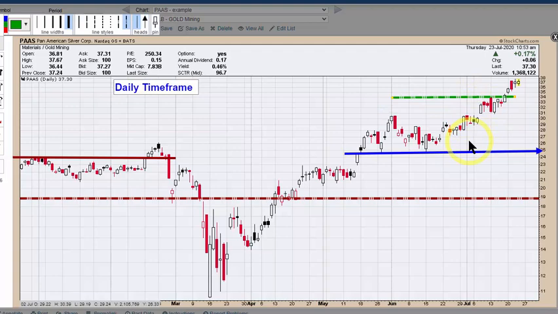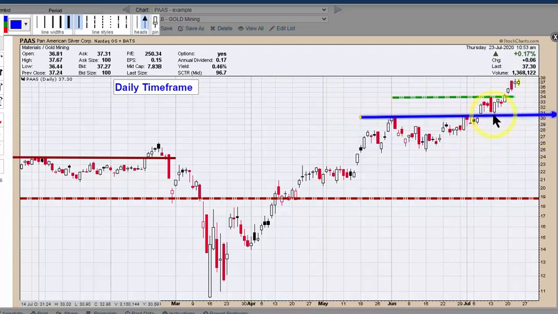Right there. You're still in the trade. Okay? When this candle breaks the swing high, you get to move your stop up to the next swing low. Okay? And then you would just keep working all the way up.